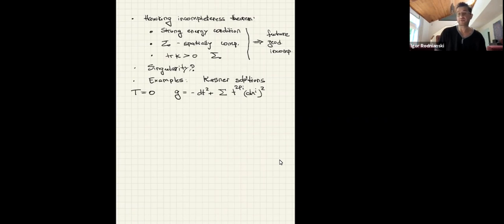So the only parameters that we have in this problem are the constants p_i, where i runs from 1 to d. And it turns out that if you look at the Einstein equations, and basically you just need to satisfy the constraints in this case, then you see that these parameters p_i should satisfy two relations. Their sum, as well as the sum of their squares, should be equal to 1. And if that's the case, then any such metric is a solution of the Einstein vacuum equations.